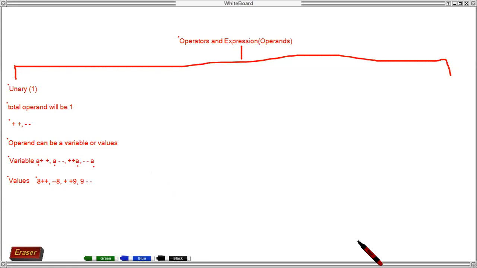Now in both cases, whether it is in terms of the variable or in terms of the value, we can see that we have only one operand. I repeat, only one operand, that is either one value or one variable. Now when this kind of expression is formed, these are known as unary expressions.